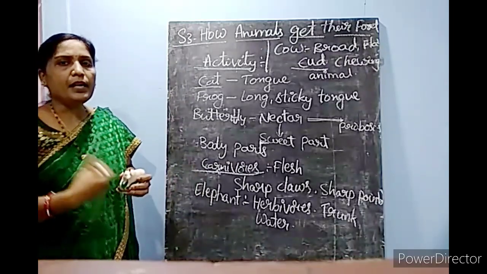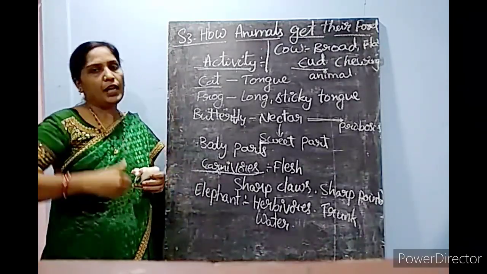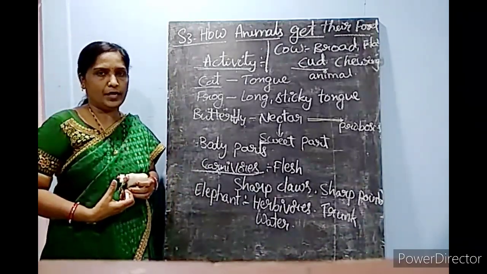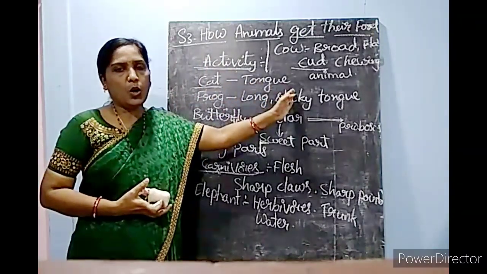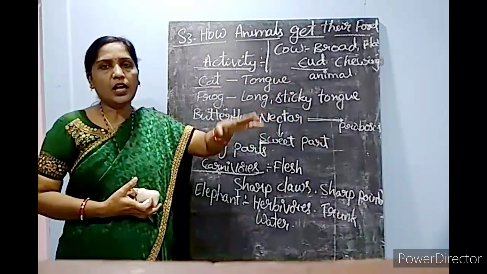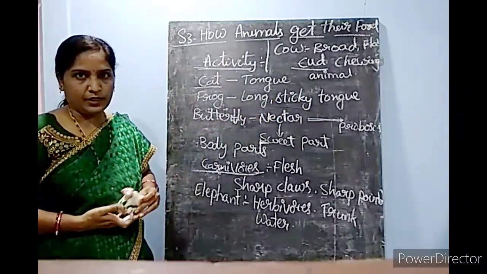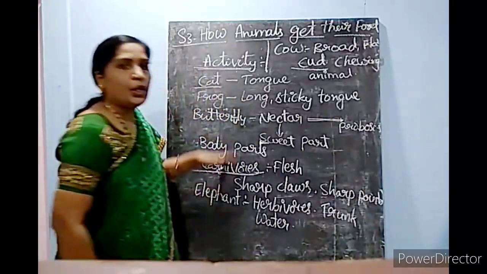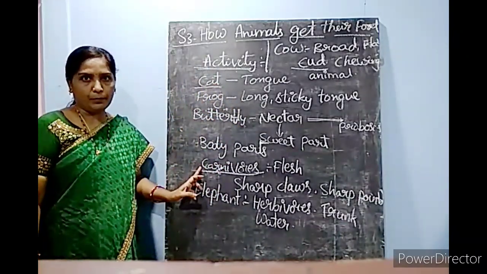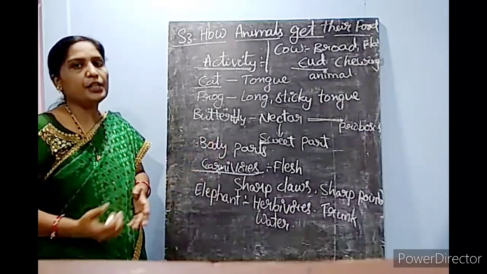Because it's bringing back the cud into the mouth, again chewing and swallowing. Most of the herbivores like buffaloes, cow, ox, these all are cud chewing animals. So now, did you understand, children, how the animals are using different body parts to get the food and to eat the food?